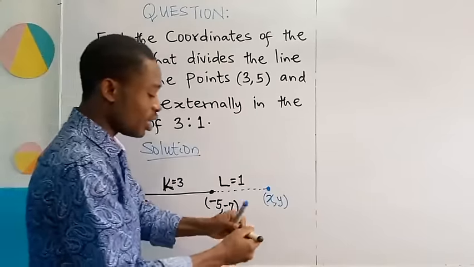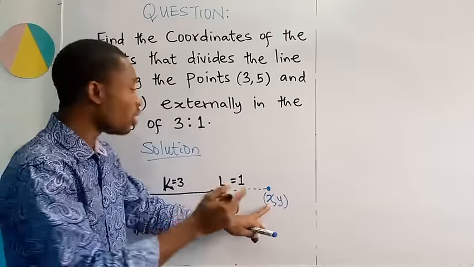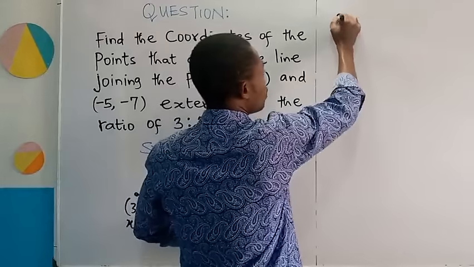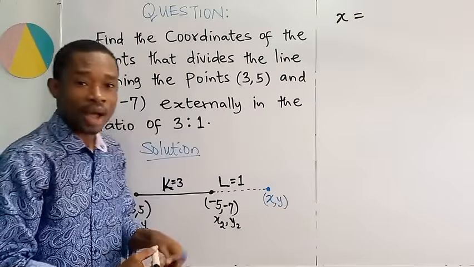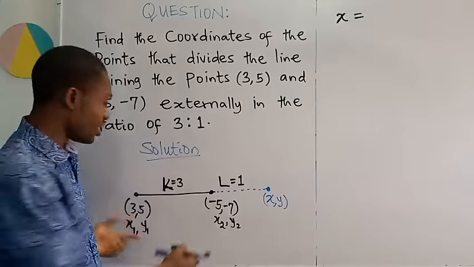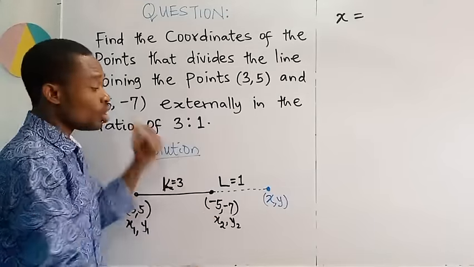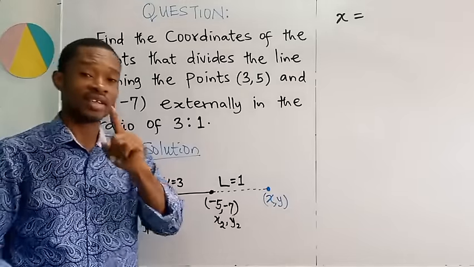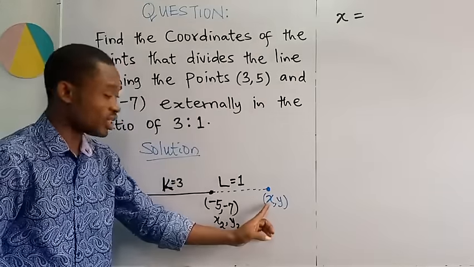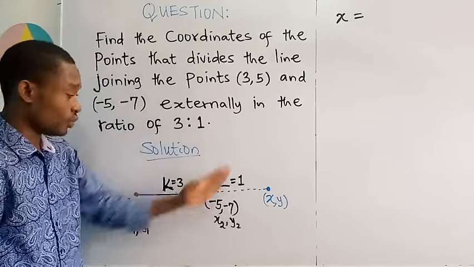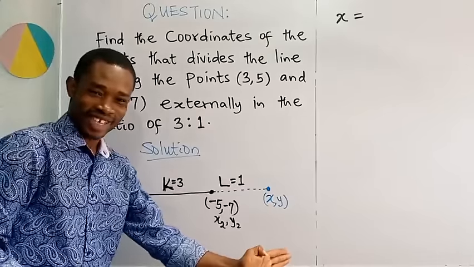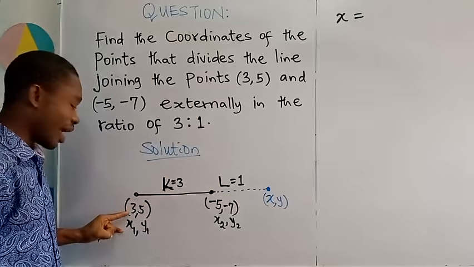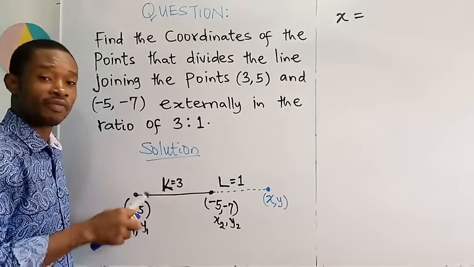So if I am to calculate the x coordinate of the point that divided this line externally, I'm going to use the x coordinate values, x1 and x2. So our x will now be equal to the value of this ratio L multiplied by the x1 value.